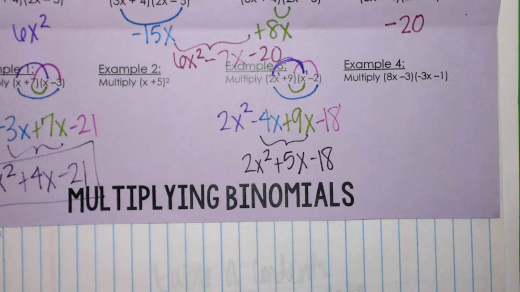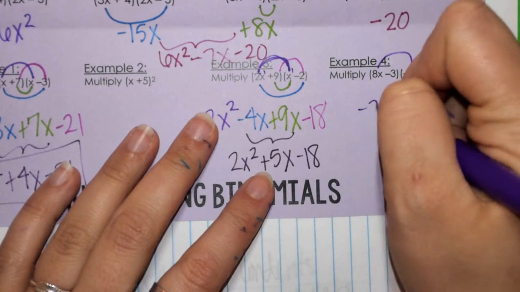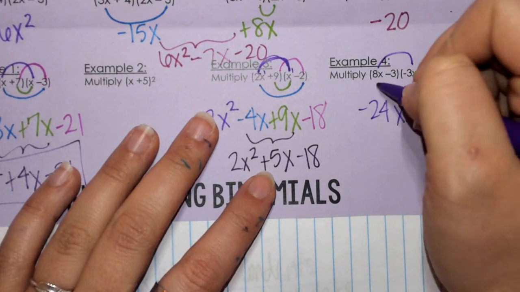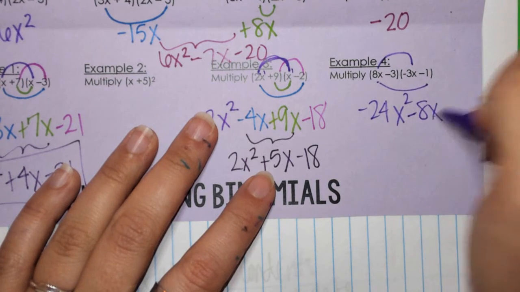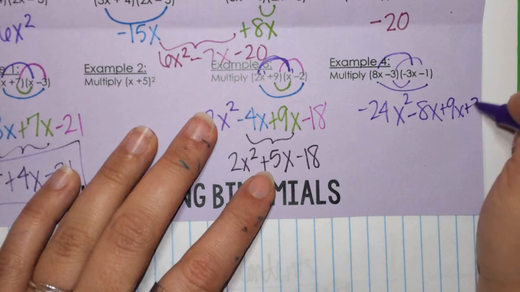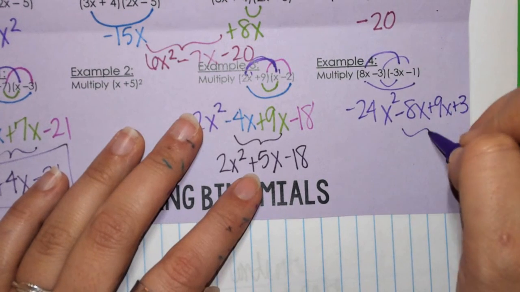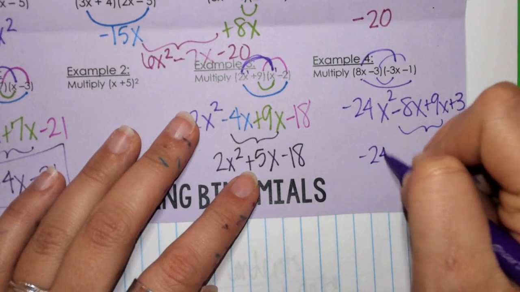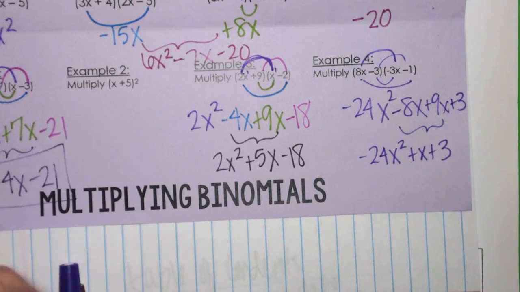So 8x times negative 3x gives us negative 24x squared. 8x times negative 1 gives us negative 8x plus 9x plus 3. Is everybody with me? Then you combine like terms. You get negative 24x squared plus x plus 3.